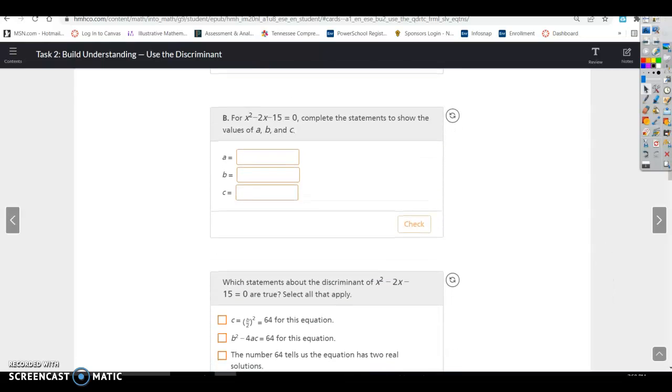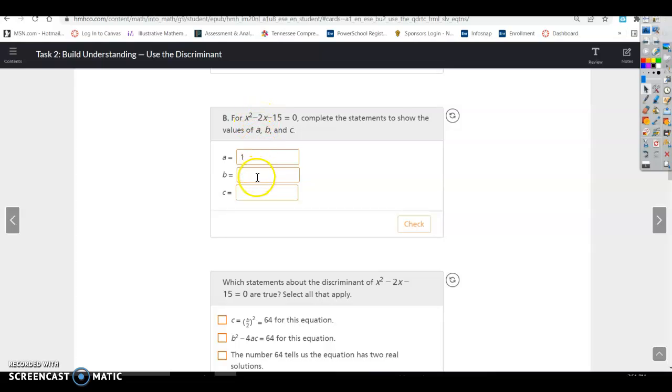For x squared minus 2x minus 15 equals 0, complete the statement to show the values of a, b, and c. Remember, a is your quadratic term, so whatever value is in front of x squared; when there's no number, you assume it to be a 1. The b is your linear term, the number in front of your x.